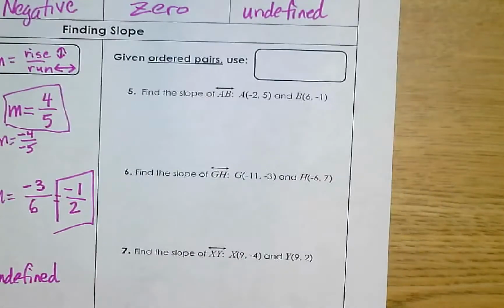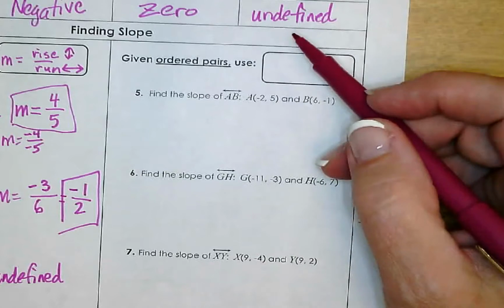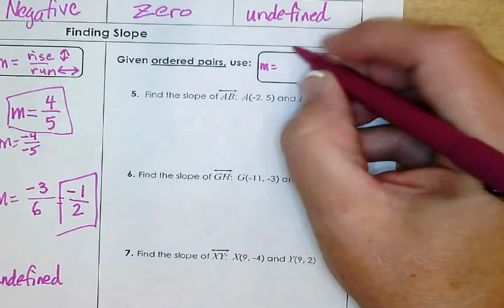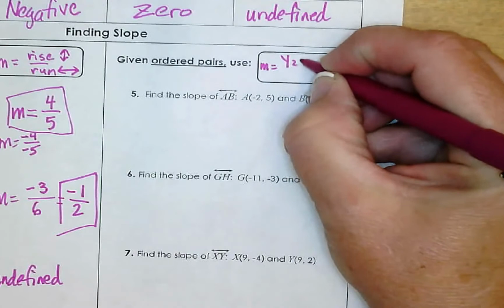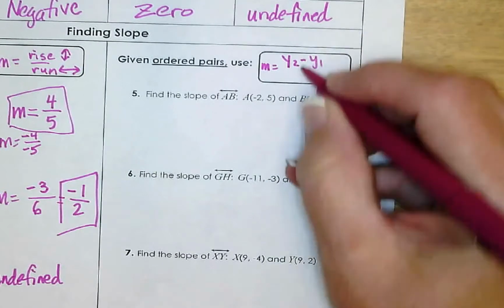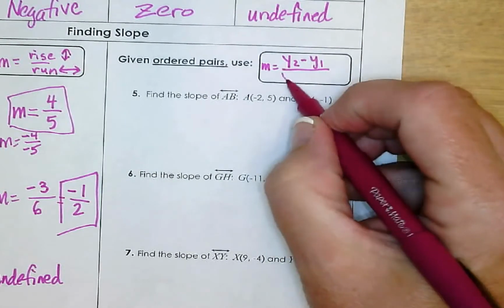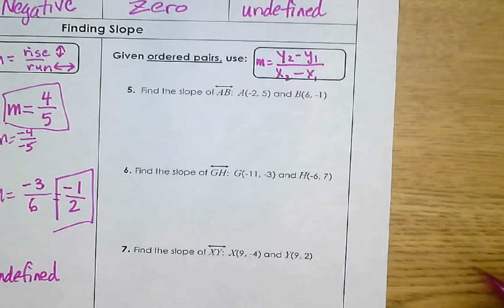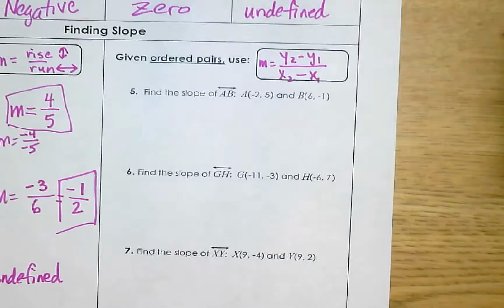We can also find slope when we're given 2 ordered pairs. When I'm given 2 ordered pairs, I need to use the slope formula, which is y sub 2 minus y sub 1 over x sub 2 minus x sub 1. It doesn't matter which one is x1, y1, and which one is x2, y2.